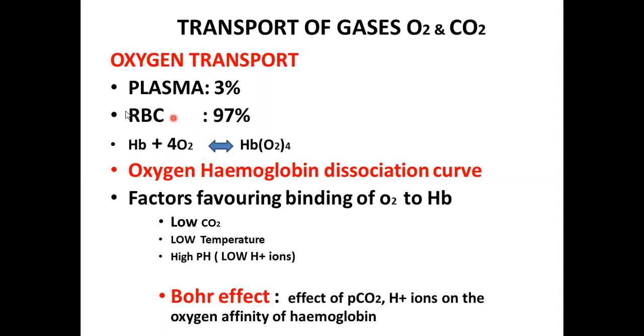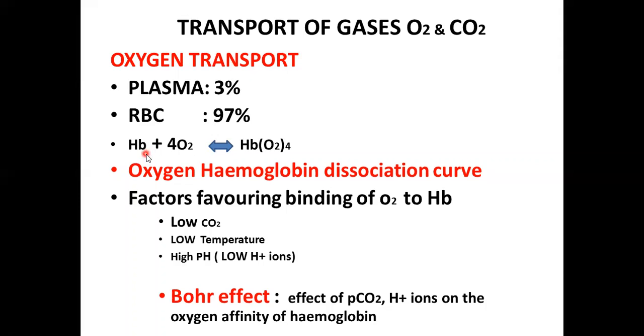You know, RBC have a very important pigment known as hemoglobin. So this hemoglobin present in the red blood cells binds with the oxygen and transports the oxygen molecules. The hemoglobin is denoted as Hb.